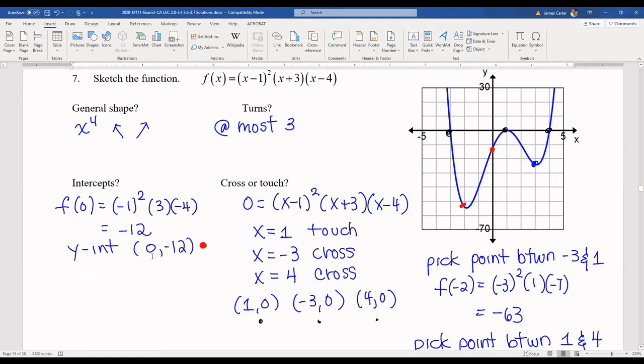Okay. Now, if we want to find what these are, here we've got at +1 a touch and go. At -3, right here, we've got a crossing. And at +4, we also have a crossing. First, we draw these two ending lines.